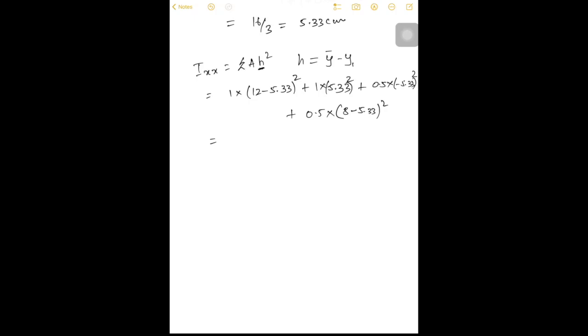Okay, so when you simplify, you will get an Ixx value of 90.667 centimeter power 4. This is our Ixx.